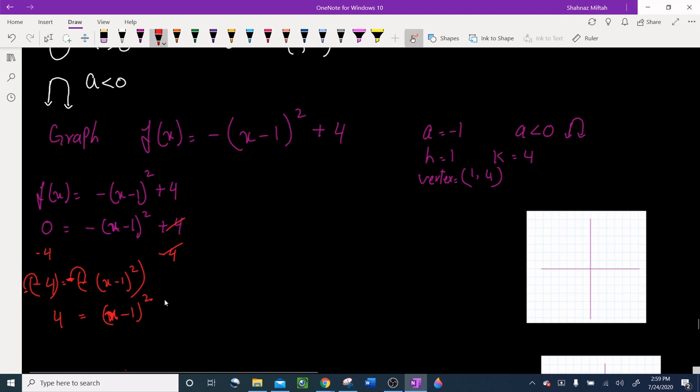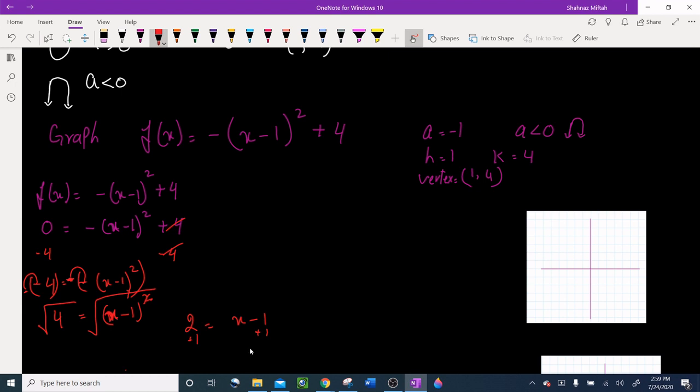Now I have to get rid of the square, so I take the square root. 4 is a perfect square, so I get 2 equal to x - 1. They are opposite operations, so I have to add 1 to both sides.